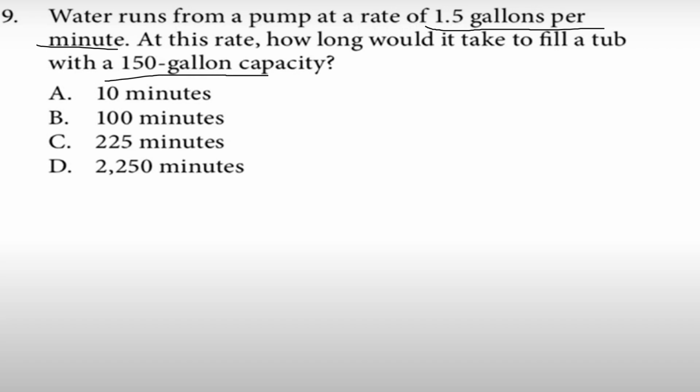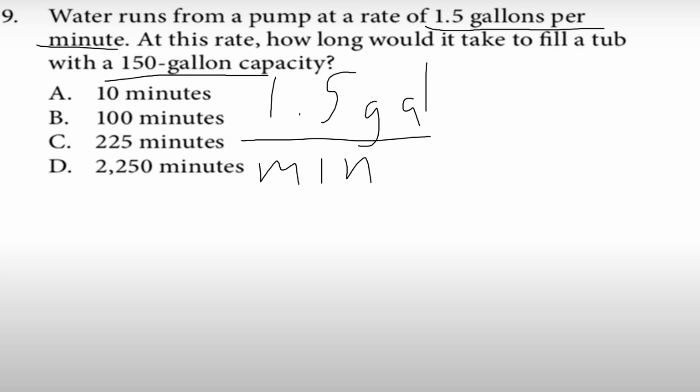So what that's telling me is the pump is going to have water running out 1.5 gallons per minute, per 1 minute. So when I'm thinking about this, I'm thinking that this is going to be a proportion.